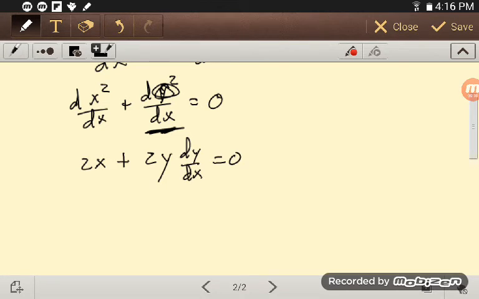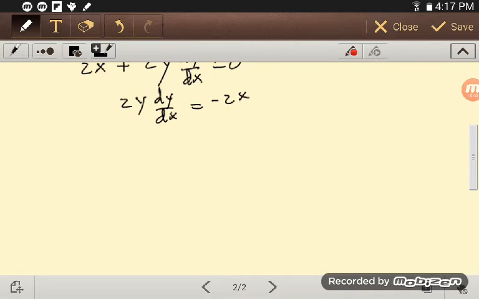and then equals 0. But now you see, when you do this, you should always be able to solve for dy dx, so I'll solve for dy dx. There are lots of different ways to do it, but 2y dy dx is equal to negative 2x.